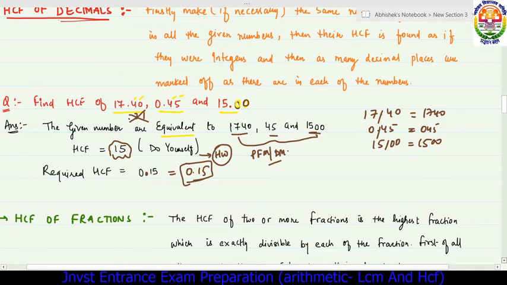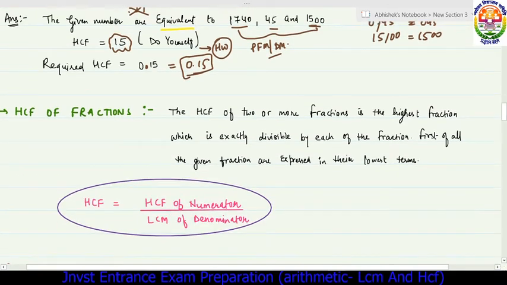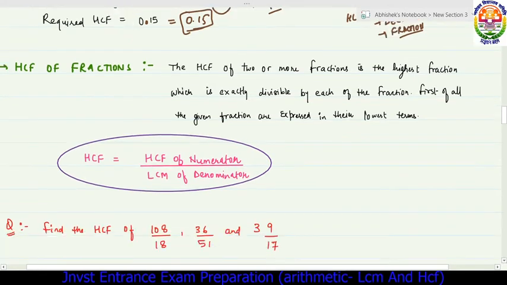Done. Let's come to HCF of fractions. We learned how to calculate HCF between two pure numbers, and we learned about the decimal portions. Now we will talk about the fraction portion: how we calculate the HCF of fraction numbers. Here is a formula.